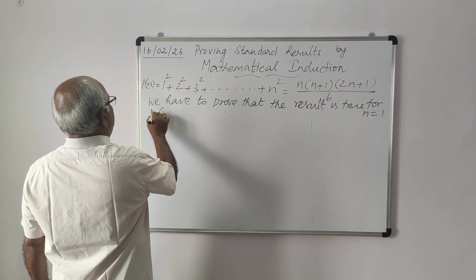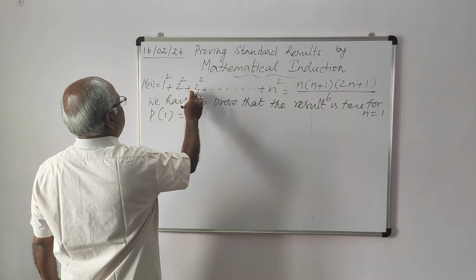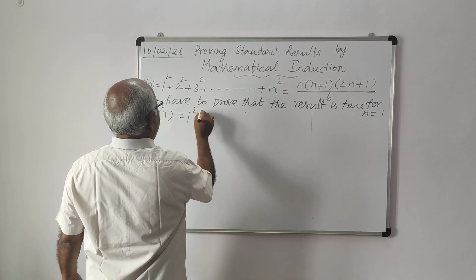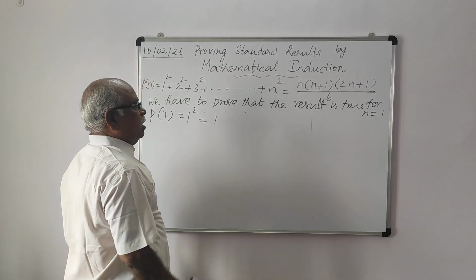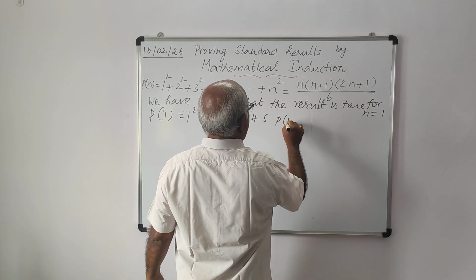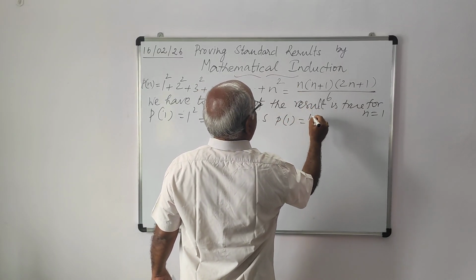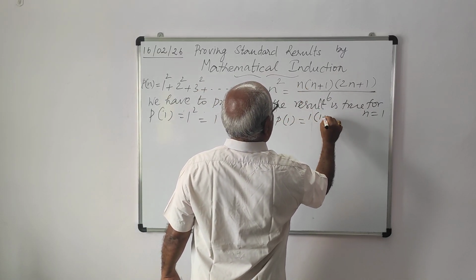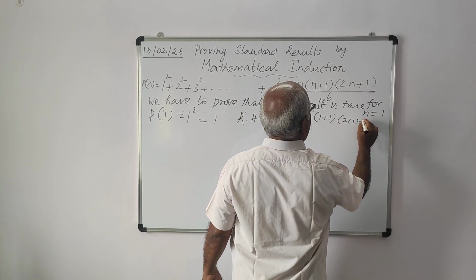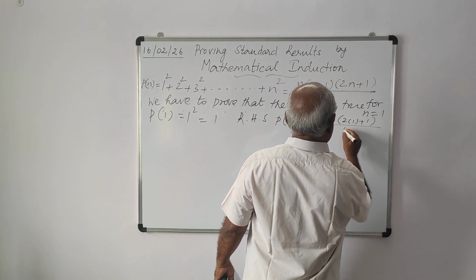That is P of 1 equal to left hand side. If you put n equal to 1, 1 square is 1. On the right hand side, P of 1 equal to 1 into 1 plus 1 into 2 into 1 plus 1 by 6.